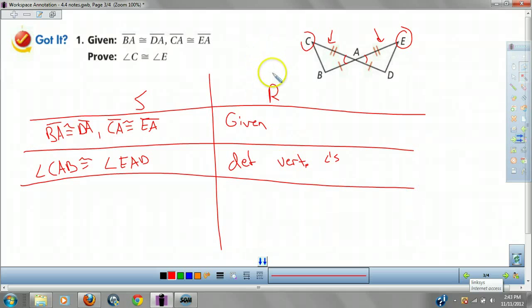So now I have a side, an angle, and a side. So I can state triangle CAD is congruent to triangle EAD by the side, angle, side postulate.